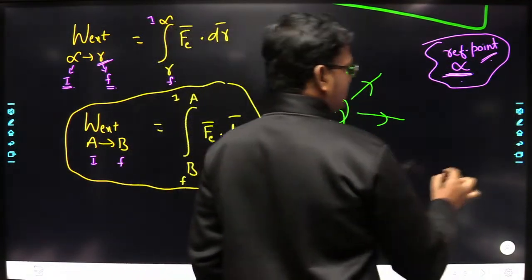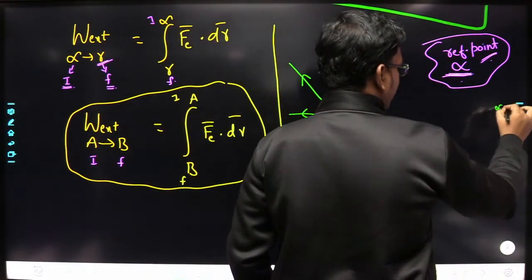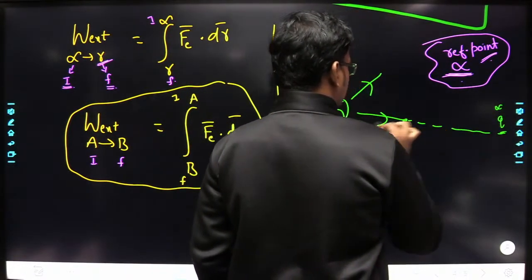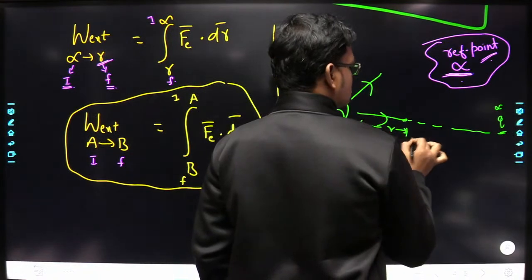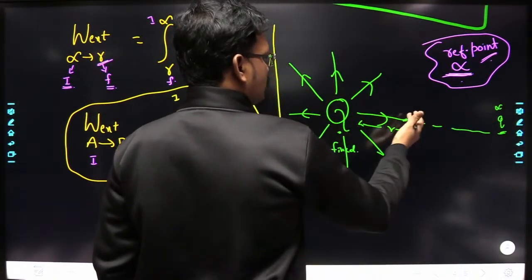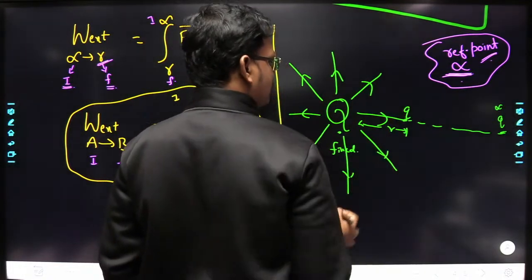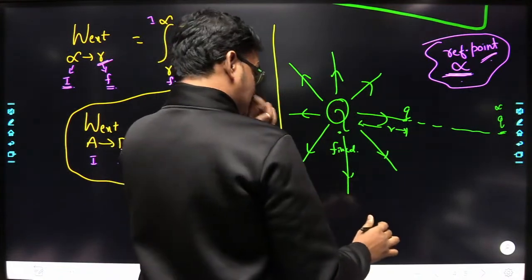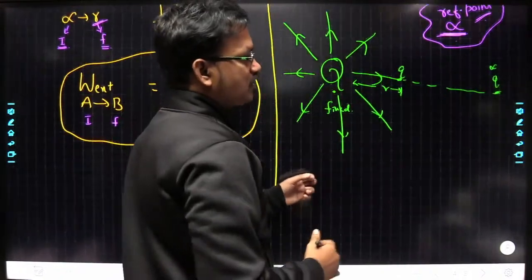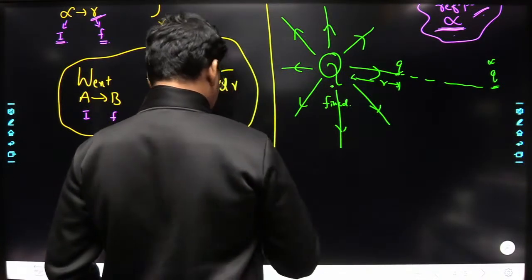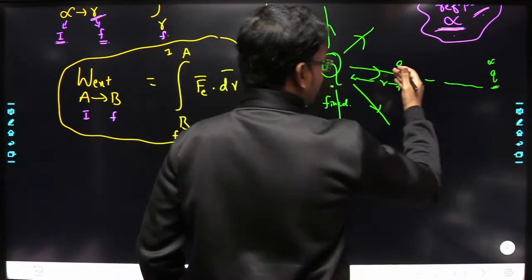Now what is the work done in order to bring a charge from infinity to a distance r? Let us say the charge is taken from infinity to this point. What is the potential energy you have gained in order to move the charge from infinity to this point?